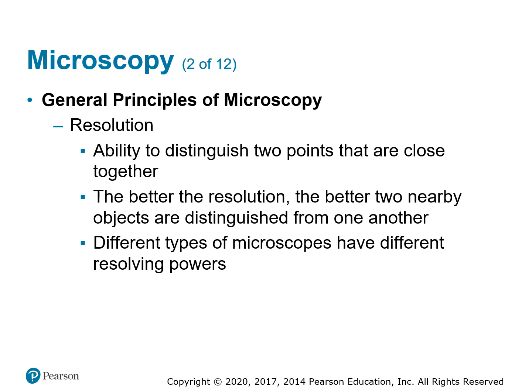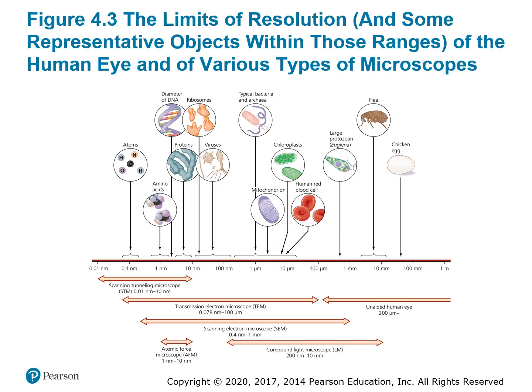So resolution is just the ability to distinguish two points that are close together. How good they're being able to be seen, the better the resolution, the better you can distinguish one object from the next. And different microscopes have different powers, of course. And here we can see the scale of everything with atoms and some really, really small particles like viruses being in the nanometers.